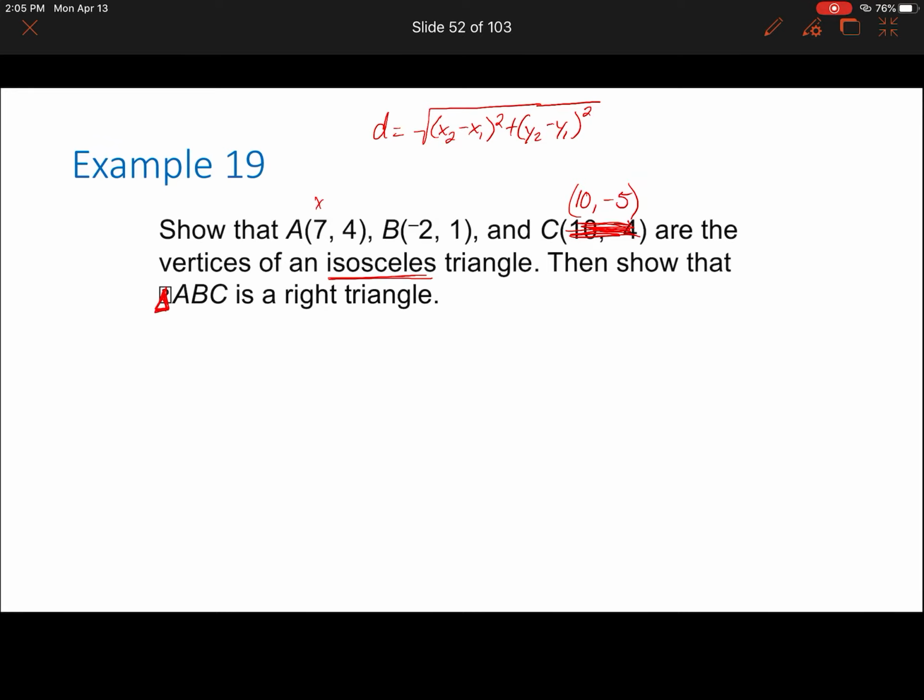So, for example, this is an x, this is a y, this is an x, this is a y, and then same thing here. And your 1s and 2s just mean the first point or the second point. So depending on which one you're using as your first point would be your 1s, the next point's your 2s, and so on.